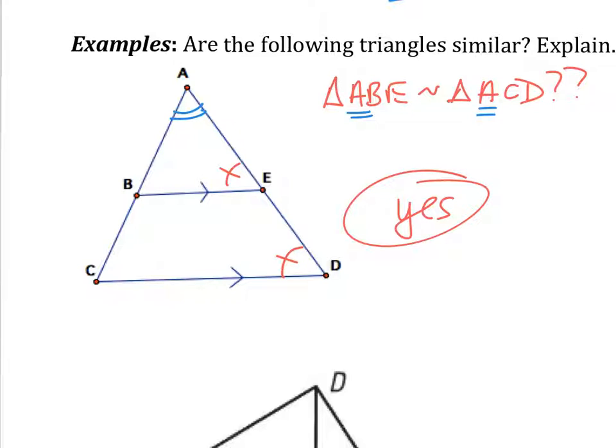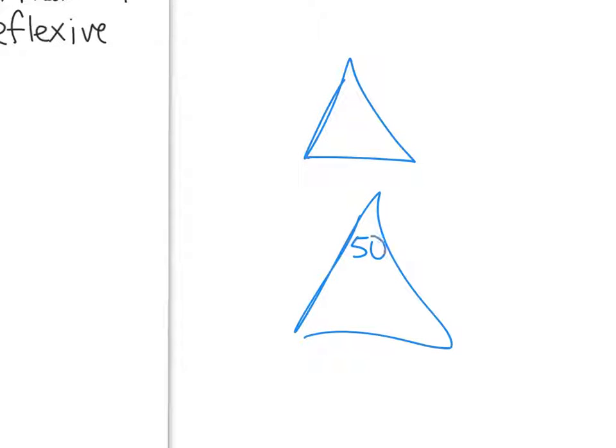You only have to show two. And the reason you only have to show two is we talked way back when about something called the third angle theorem. Do you remember what the third angle theorem was? No? Okay. If I gave you two triangles, and this top angle is 50 degrees in both, and this bottom left angle is 70 degrees in both, what's true about the third angles in both triangles?